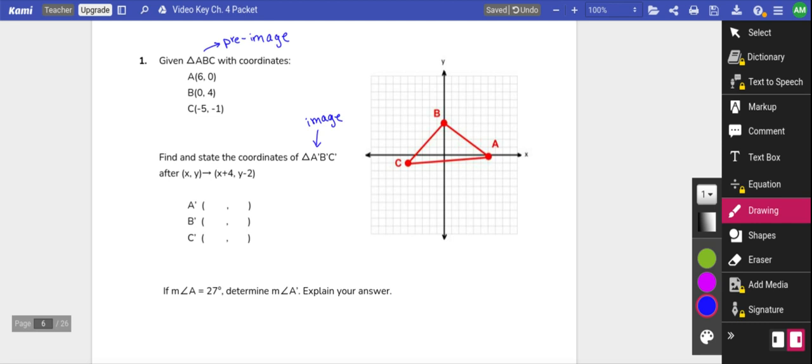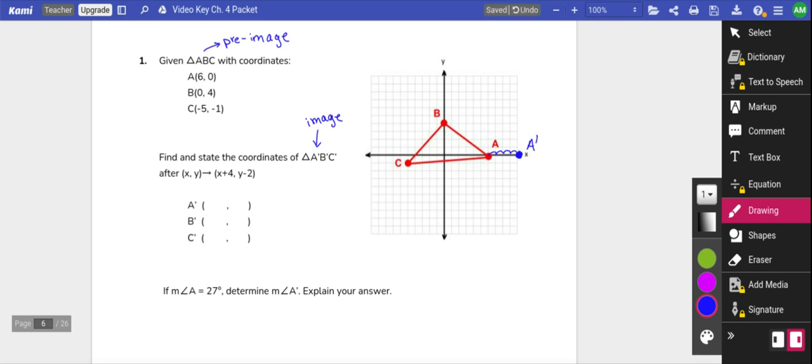So one thing that we can do is we can either find and plot or simply just find, but I'm going to plot it as well. So in this case, looking at this notation, it says I'm going to take my x coordinate and add 4. So if I'm at A, I'm going to move 4 in a positive direction, which is to the right. So 1, 2, 3, 4. There's my point A prime.